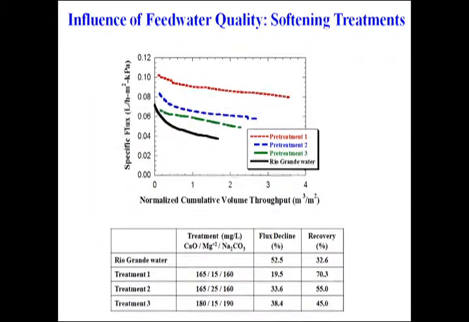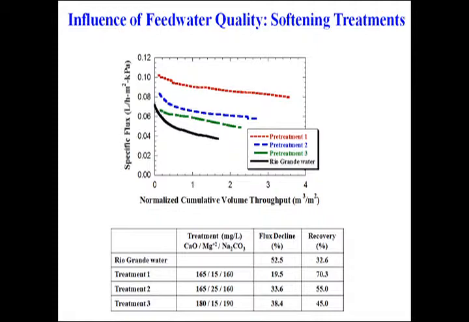And so she did actually RO experiments. And on the graph here at the top, I'm showing how the flux changed as a function of how much water you put through the membrane in a normalized way. So this could be compared to what would happen in a real system. And it turns out that this first pretreatment resulted in far less flux reduction, which really means much less pressure use and more water recovered coming out of the membrane.